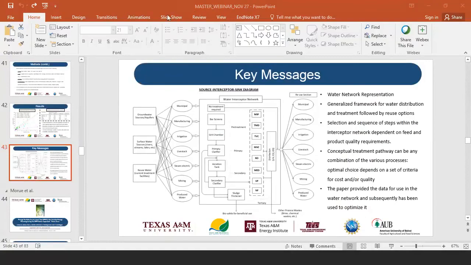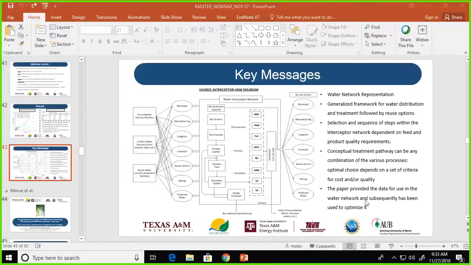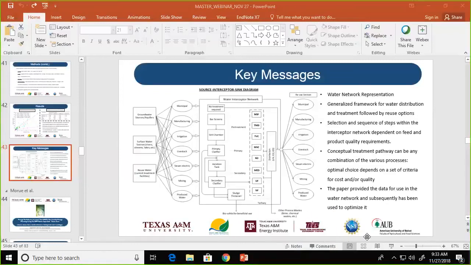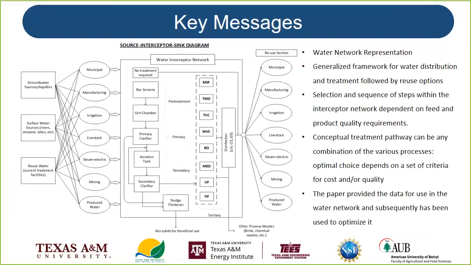So this is the final network diagram that we have created from this, where we have these sources on the left from where wastewater is created. We then have the water interceptor network. It is a superstructure design where we bring in all the technologies possible. And we can add to this if any new technology is introduced.